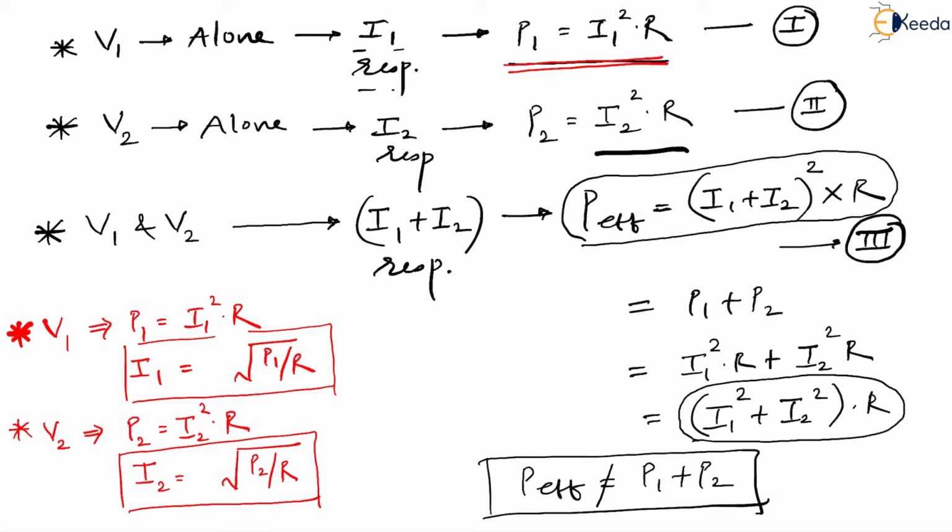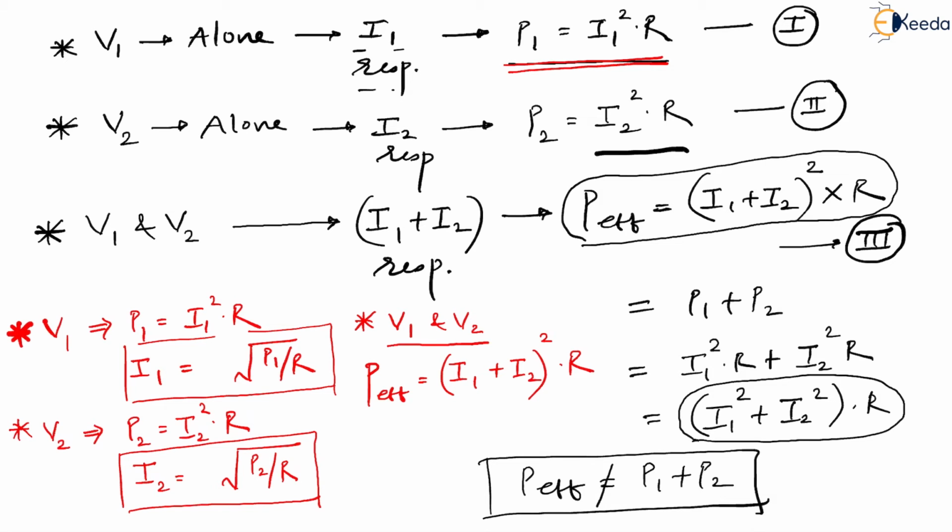Okay, that's great. So when I say that V1 and V2 are acting simultaneously, in that case what is going to happen, guys? I'm sure you know that the effective power is total current addition square multiplied by R. So I can say that it is I1 plus I2 whole square multiplied by R. But as you are aware, I1 and I2 will get added when they are in the same direction.